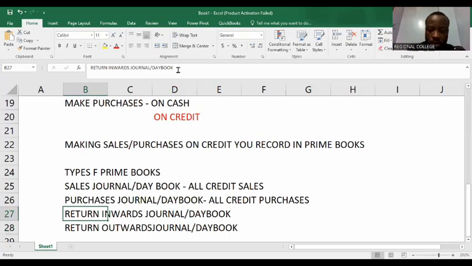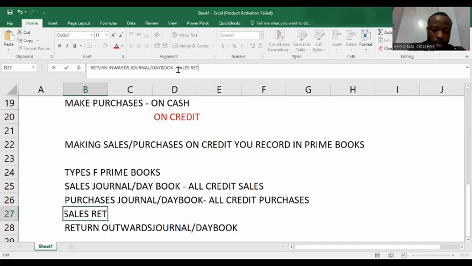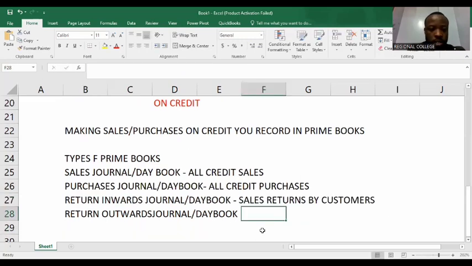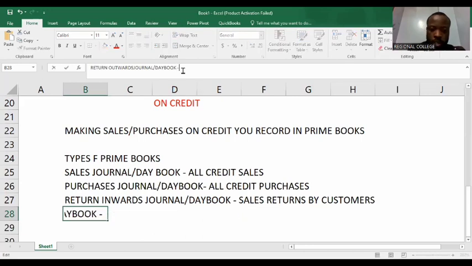And this one is sales returns back to the business, sales returns by customers. Some customers may return books, maybe for some reasons. Then this one is purchases returns.